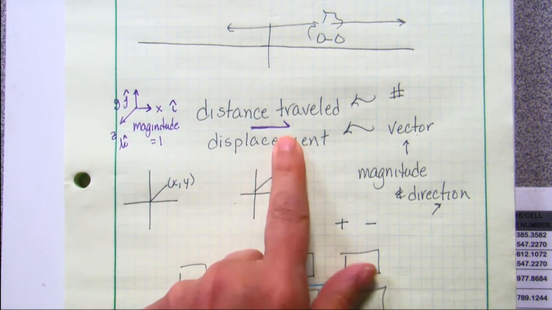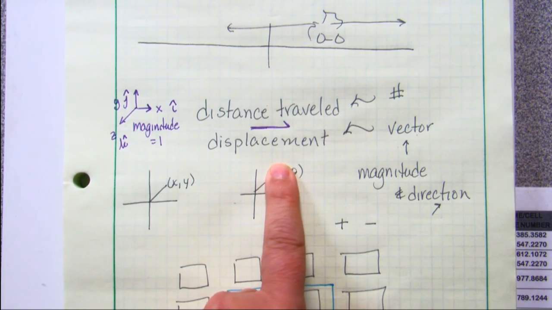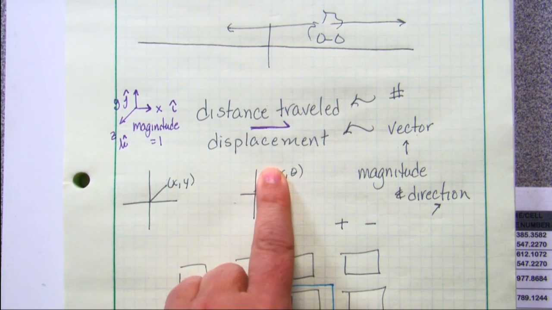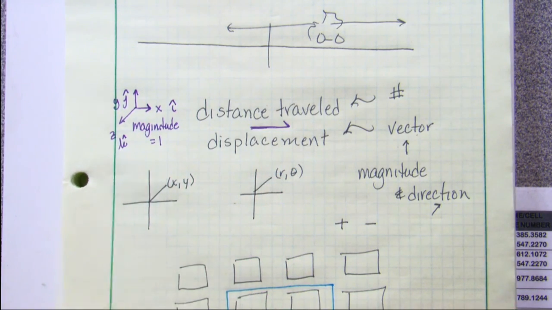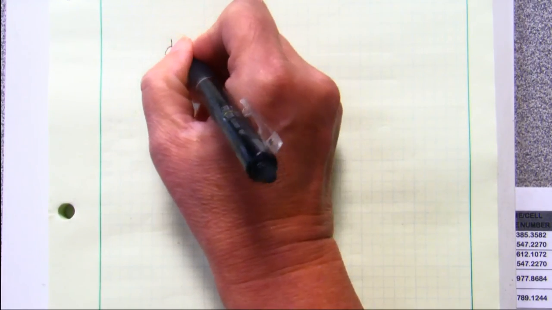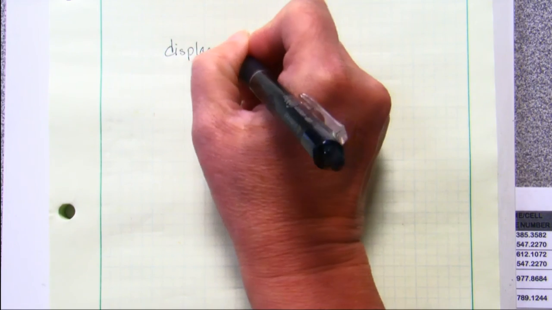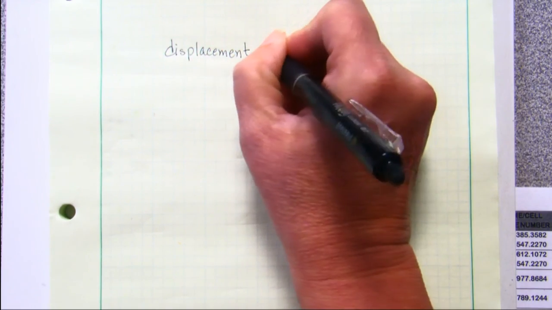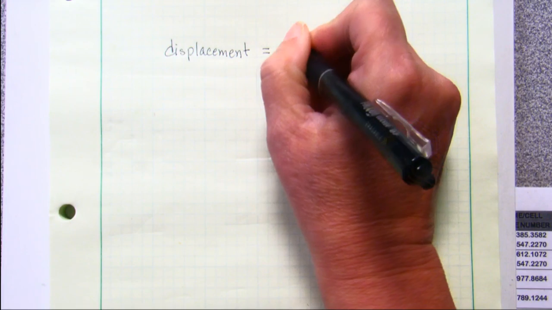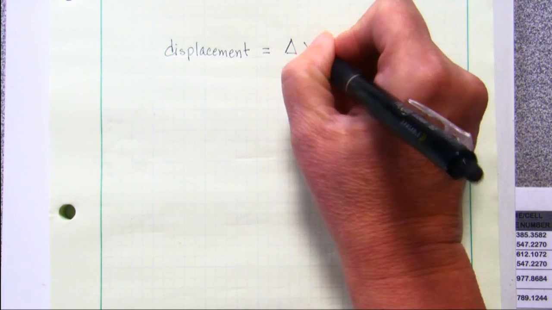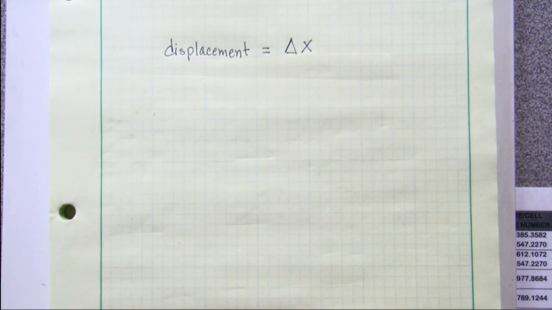And the big thing is for distance traveled, we get displacement, and displacement is a vector. So if we define displacement mathematically, displacement is going to be my change in x for right now.